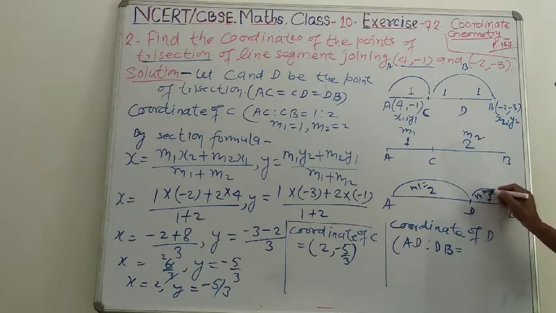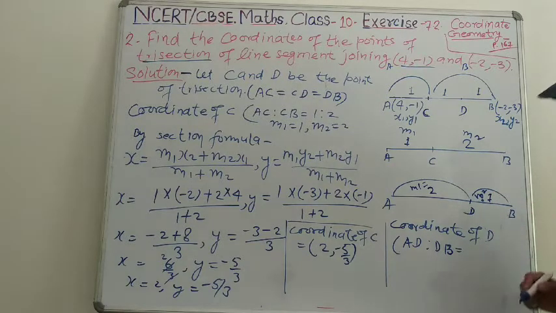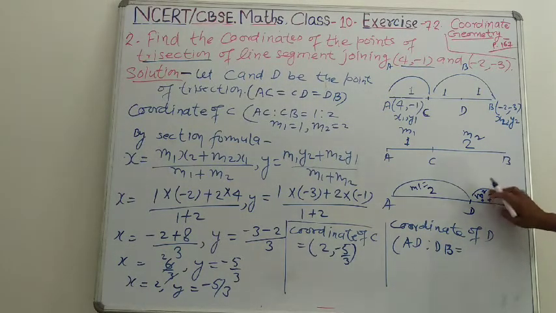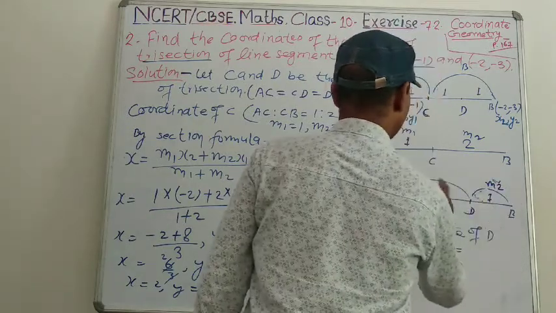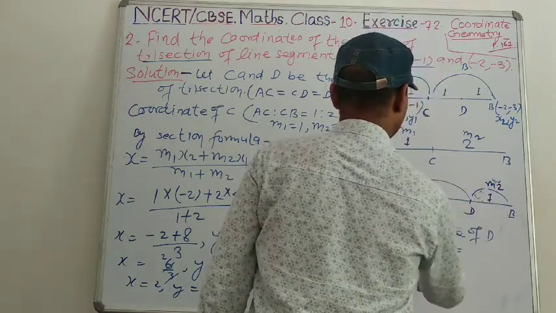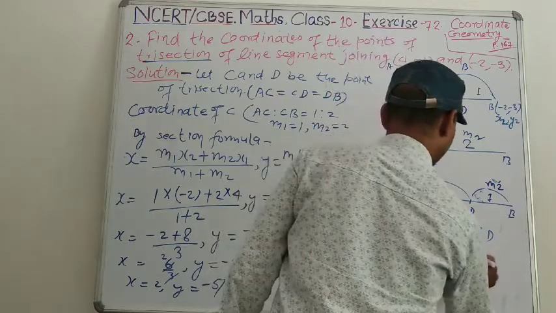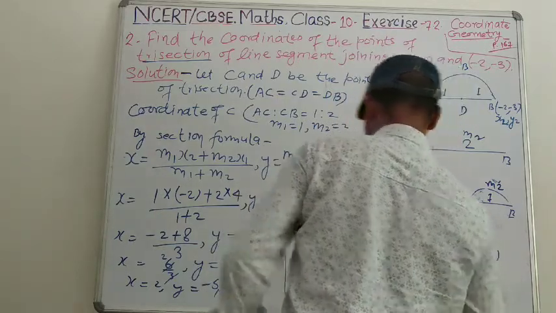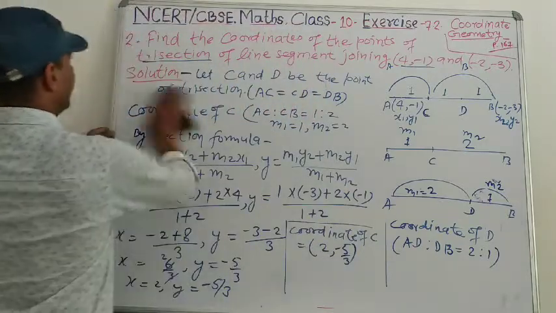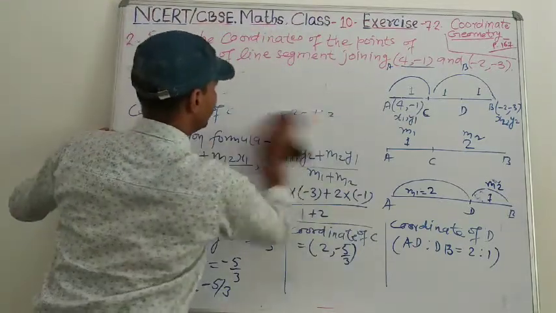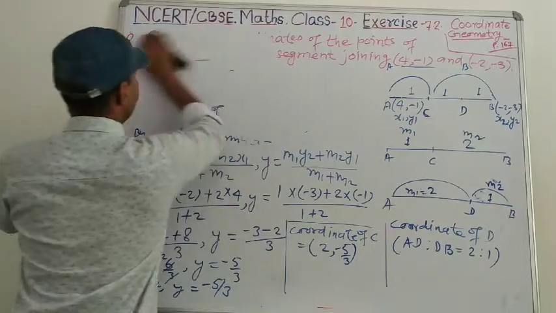That means M1 equals 2 and M2 equals 1. So our ratio is 2:1. We write the coordinate of D by the same section formula.